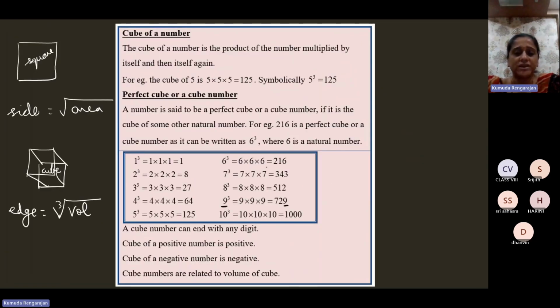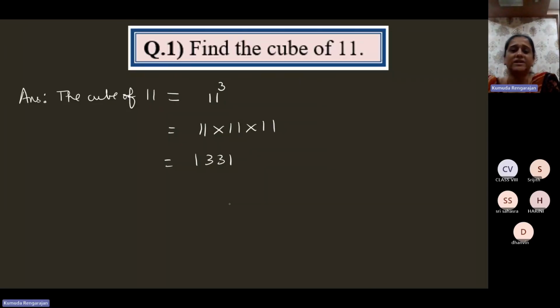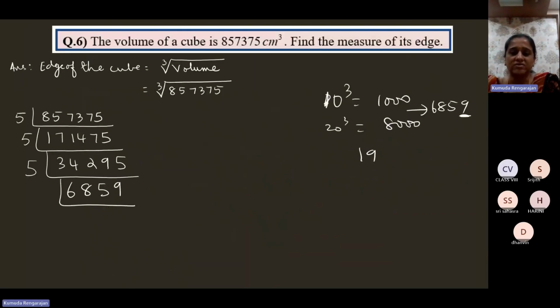It ends with the digit 9. So its cube root also should end with the digit 9. See here, 9 into 9, 81, into 9, 729. Then it has to be 19. There's no other choice.